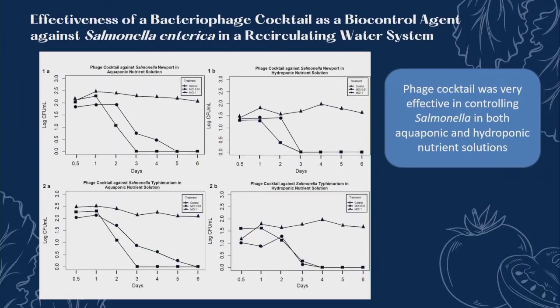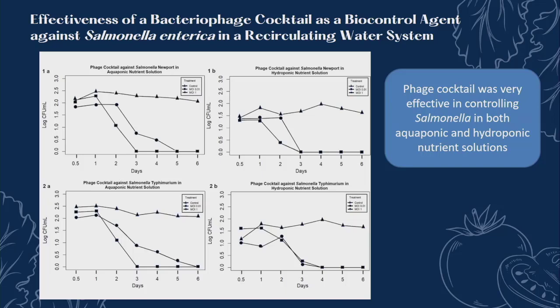And what we saw is that for both hydroponic and aquaponic, using 2 types of Salmonella, the Salmonella went down really quick after 2 to 3 days, and they were below the limit of detection up to 6 days. So showing that the phage cocktail was very effective in controlling Salmonella in both aquaponic and hydroponic nutrient solutions for these recirculating water systems. Again, this is just a prototype and a very pilot study.